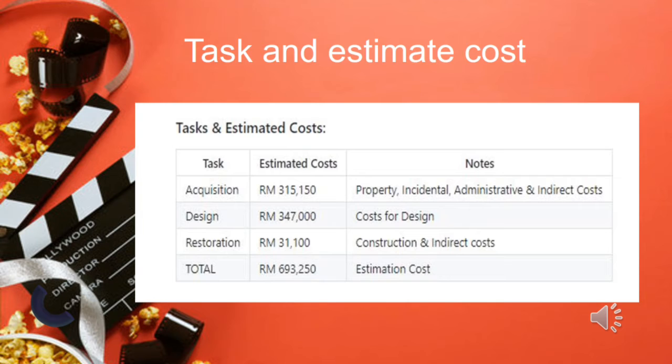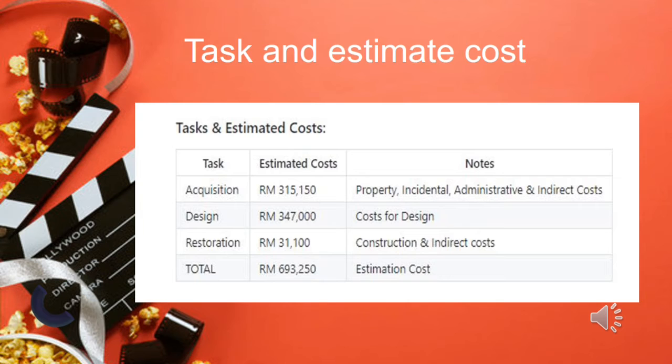And we look at each of the tasks, its estimated cost, and what it is used for. First is acquisition. Acquisition's estimated cost is RM 315,150, and it is used for property, incidental, administrative, and indirect costs. Second is design, and its estimated cost was RM 347,000, used for the cost of designing.